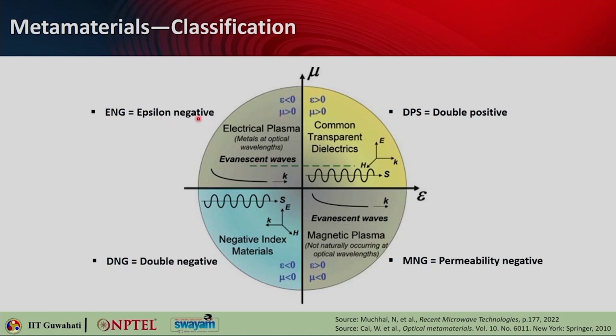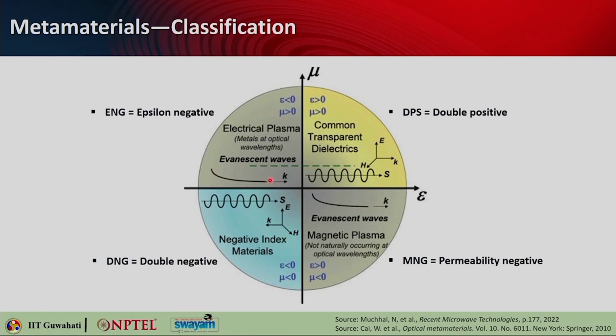This is called epsilon negative, or ENG, material. Examples such as metal at optical wavelengths have negative permittivity. So what does it mean? Wave propagation is not possible, so light cannot actually enter a metal, it is reflected back, so only an evanescent wave propagates.